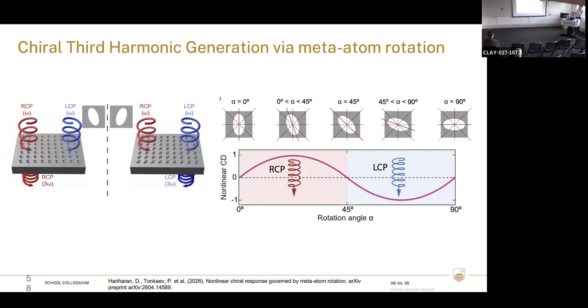And again, for certain angles where we have mirror symmetries, like 0, 45, or 90, both CDs will be 0 due to the symmetry. But for the angles between them, we expect to observe strong nonlinear CD.